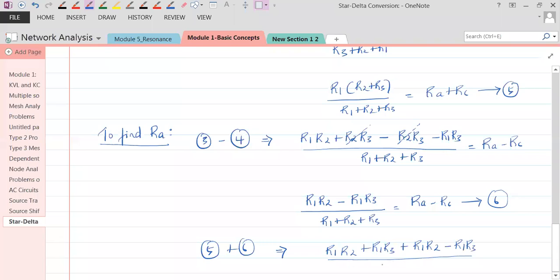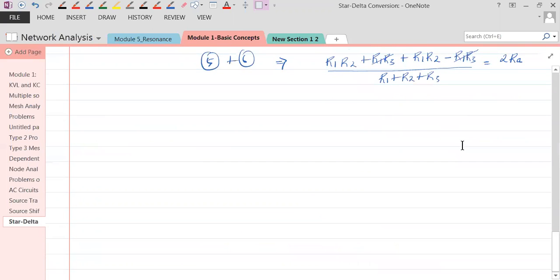Yes, R1 plus R2 plus R3, and on the right hand side you will have 2 RA plus RC minus RC goes off. So R1 R3 is there, right? So these two will go off. So what remains there?